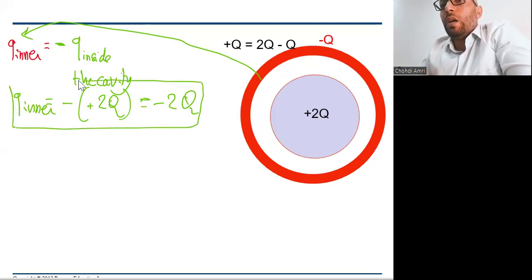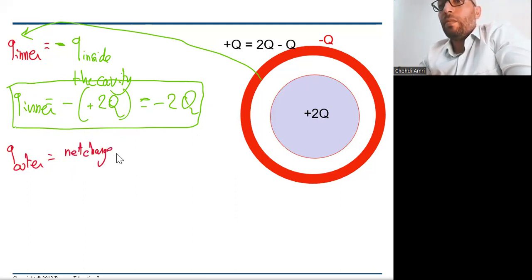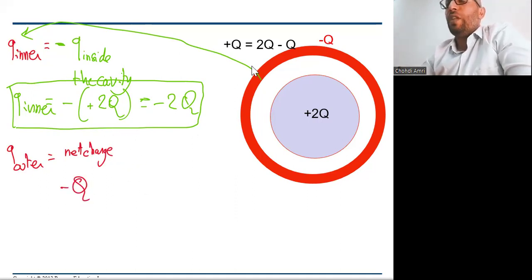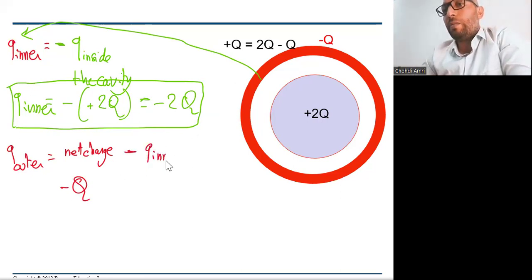Now let's take the charge on the outer surface, Q outer. It will be the net charge, which is minus Q for the shell, minus Q inner.